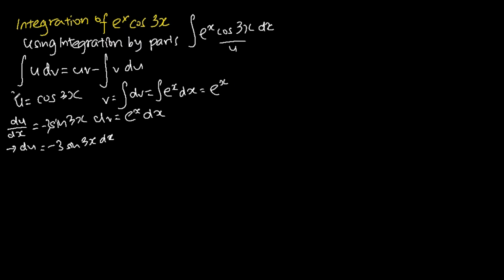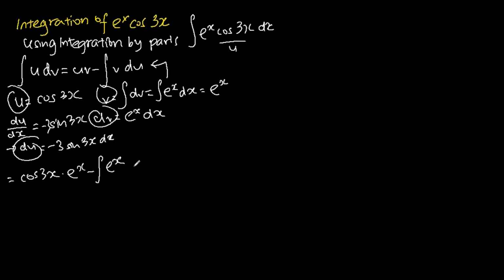Once we find u, v, dv and du, we can use the integration by parts formula to move on to the next step. The next step solution will be u, which is cosine 3x, times v, which is e to the power x, subtracting away the integral of e to the power x times du, which is negative 3 sine 3x dx.